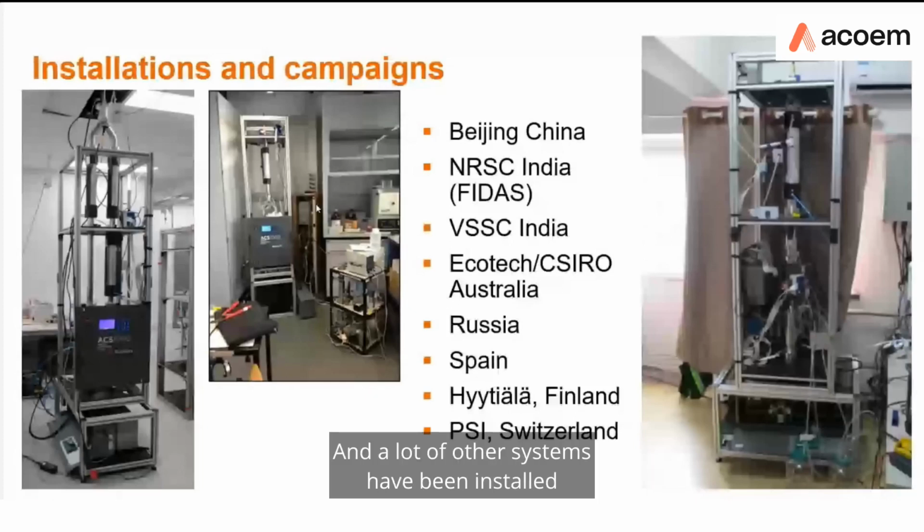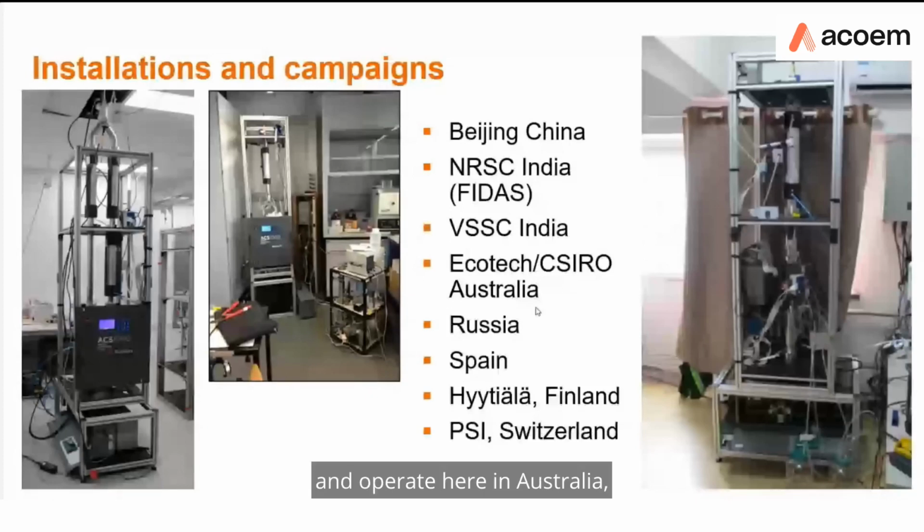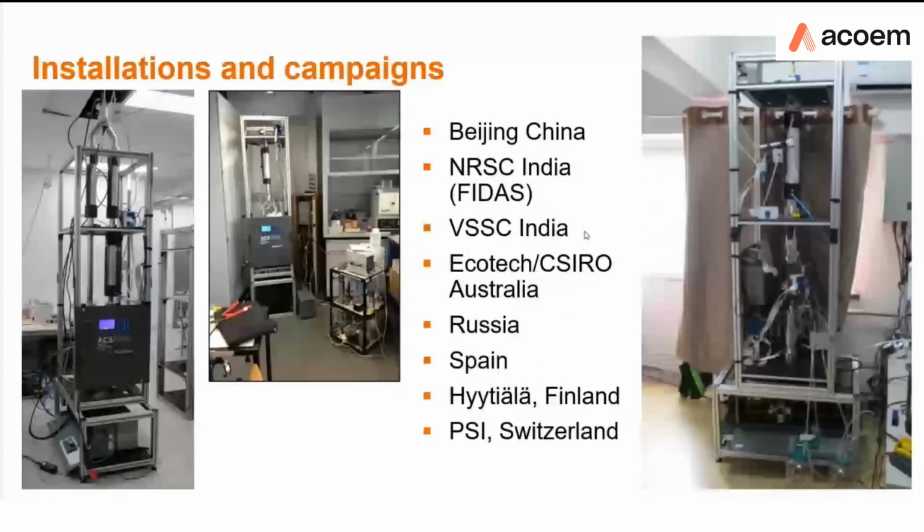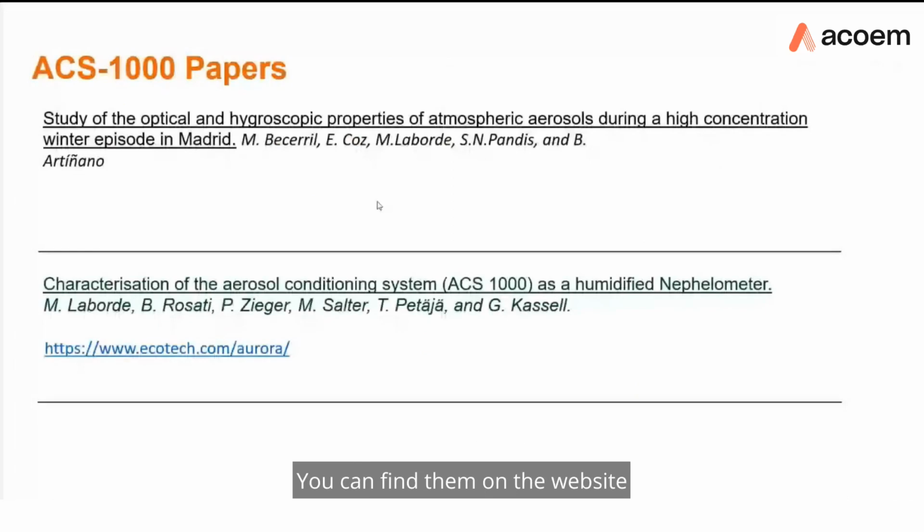And a lot of other systems have been installed and operated here in Australia and in Finland and Switzerland. These are some papers. You can find them on the website that Grant mentioned before if you want to get more details of those. I'll hand back to Grant now.